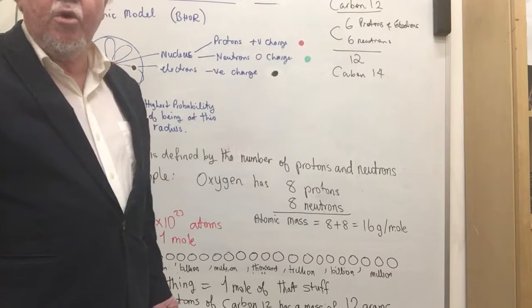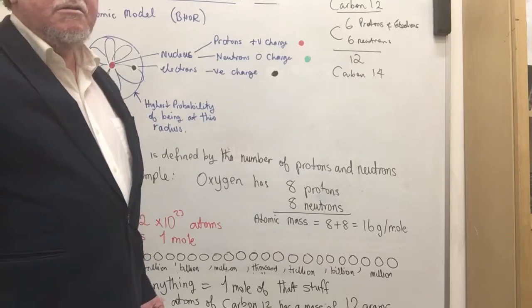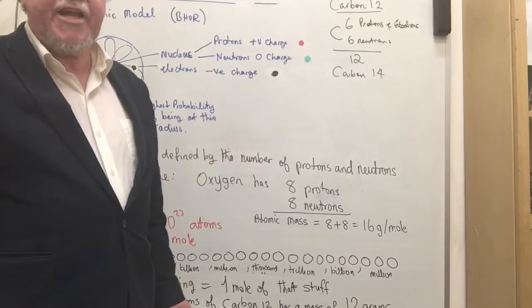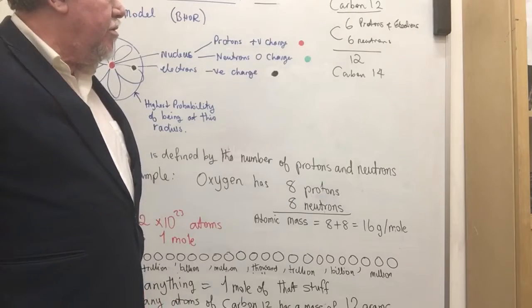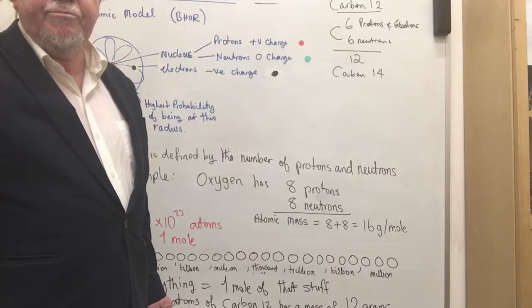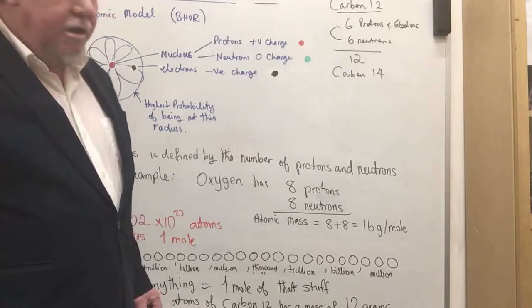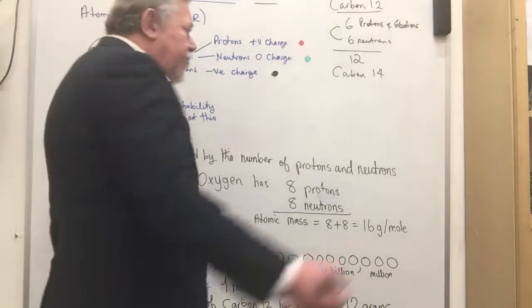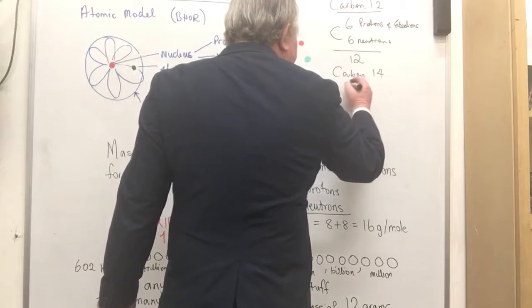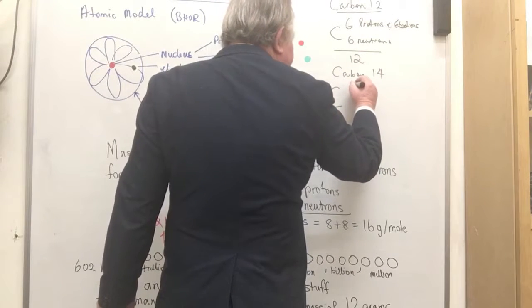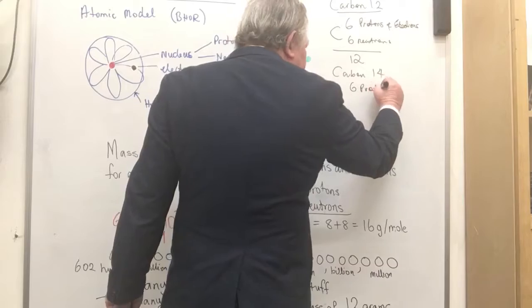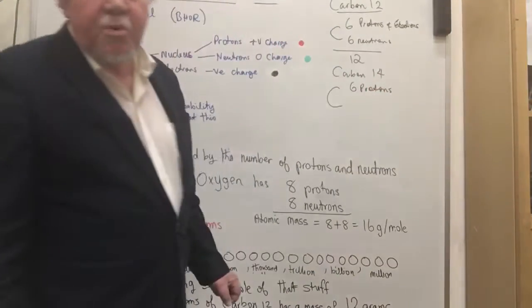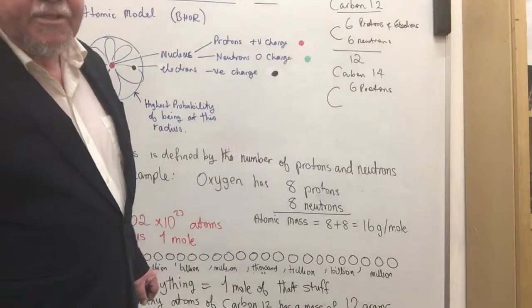The decay is called the half-life. Okay, so that's how much it decays by, and we know how long that takes, so we can practically use it like a clock. So carbon 14, for instance, will have 6 protons. Remember, if it didn't have 6 protons, it wouldn't be carbon, would it?